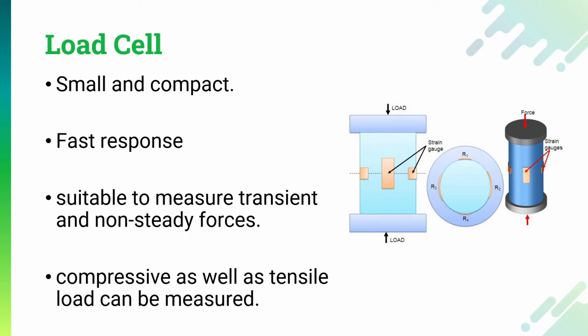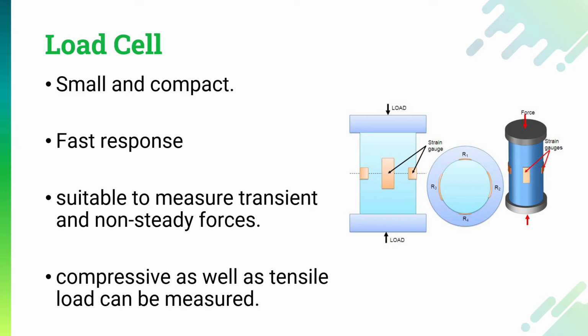The very first thing, these strain gauges are very small and compact because they are very small electrical devices. Secondly, they have a very fast response to the variation of the load. Whenever the load is dynamic, they show instant results using the strain gauges.